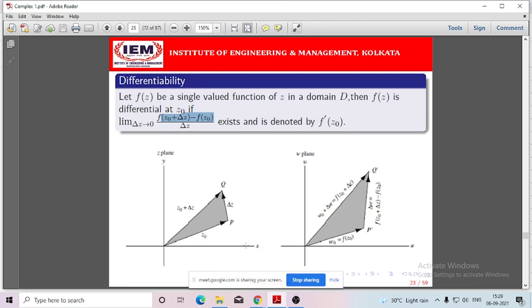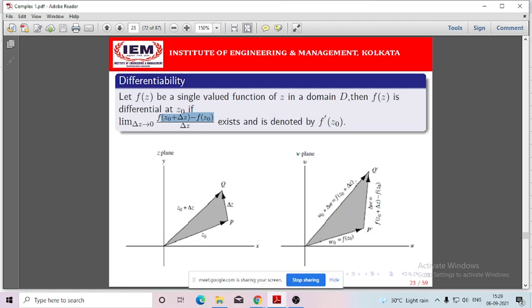Okay, sure. So the coordinate of this point is p prime, so it will be the image of z0. So this will be f of z0, that is w0. Similarly, the image of q is q prime, that is f of z0 plus del z.